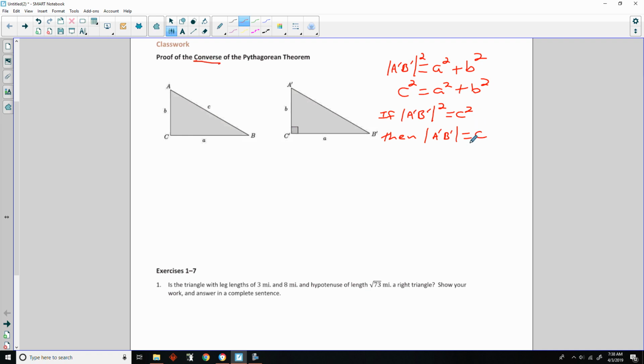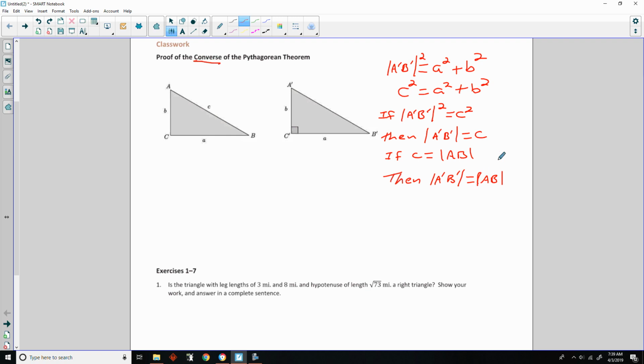And since we now know that A prime B prime equals c, and c is equal to AB, then I can say if c equals the length of AB from my first triangle here, then I can conclude that A prime B prime equals AB.